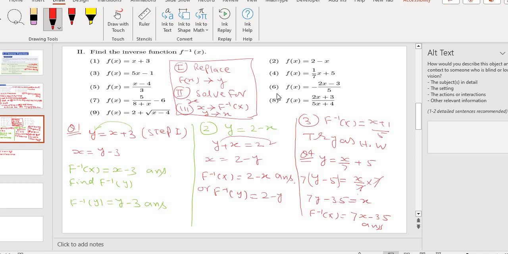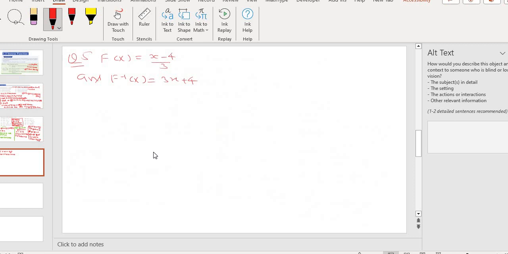Question number 6 is f(x) equal to minus (2x minus 3) divided by 5. First step is replace f(x) as y.